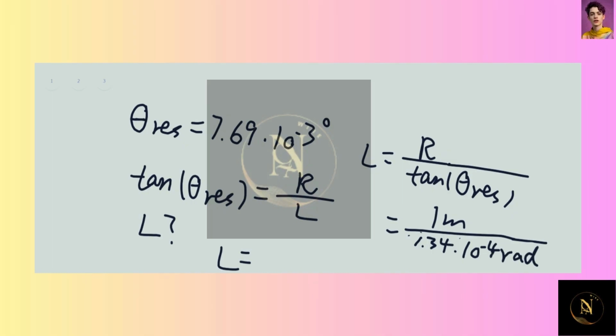And why we can use the radian directly in this case is because the angle here is really small, so tangent theta is really just close to equal to theta itself. So tangent theta in this case is just equal to itself, so we can just use it directly.